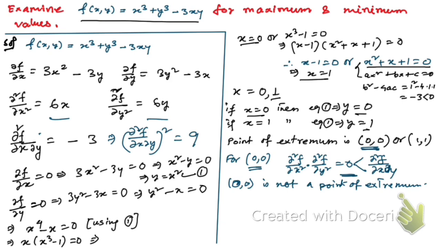Now let us find this product for the point (1, 1).